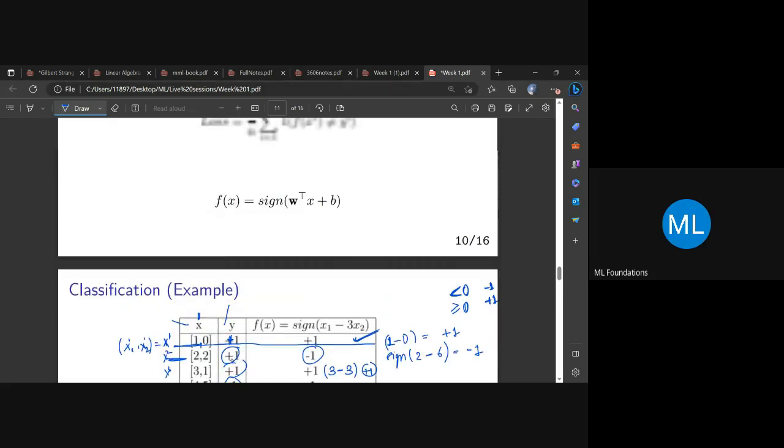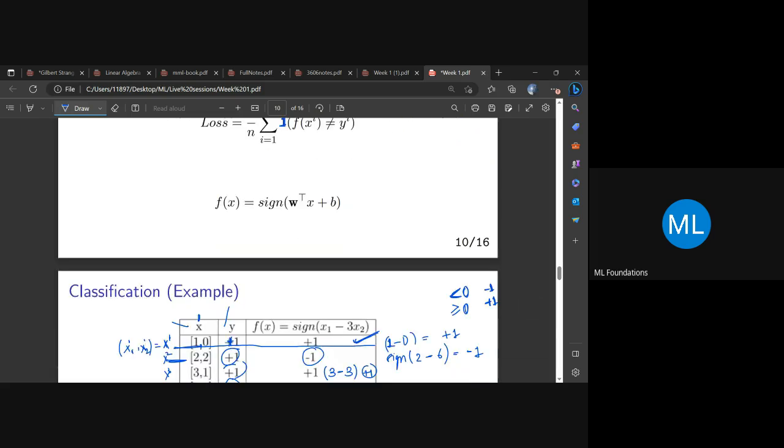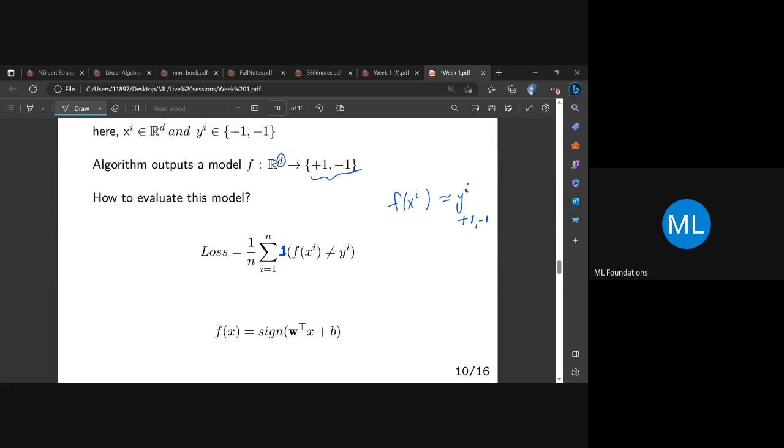All right. So what should be the loss for this? Again, the loss is defined as the sum over the indicator function whenever f(xi) is not equal to yi, divided by n. So basically it is how many labels are not correctly identified divided by the total number of labels.